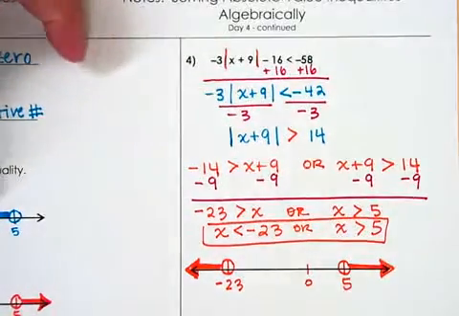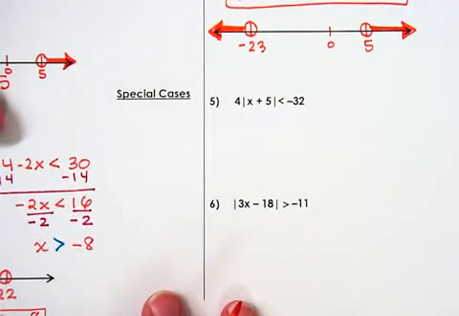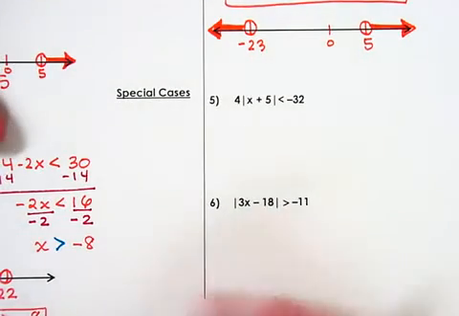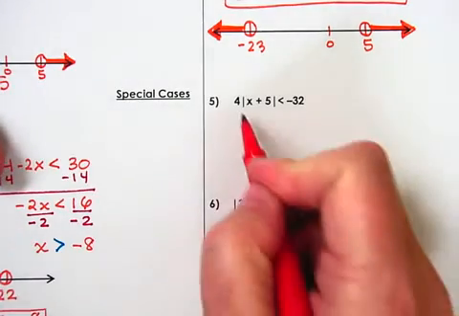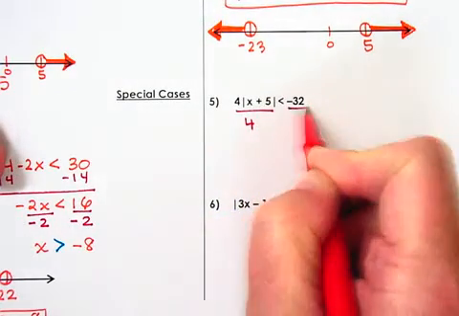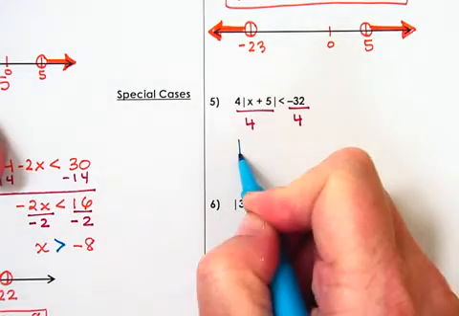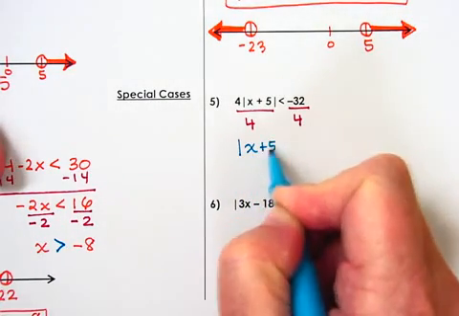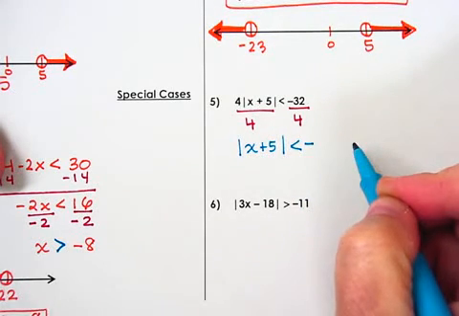Okay. Then we have some special cases. So I look at number 5 and number 6. So let's go ahead and peel the layers away first. So we're going to go ahead and divide first by the 4. I get the absolute value of x plus 5 is less than negative 8.